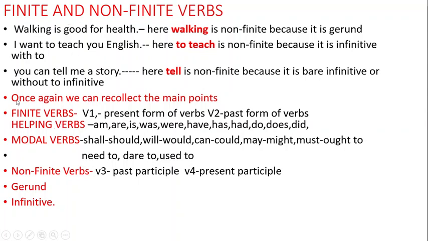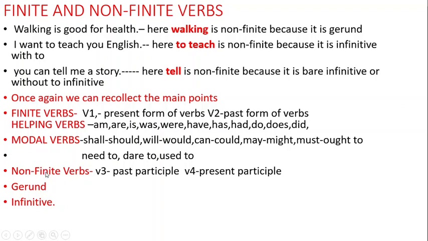Dear viewers, please once again remember all these points, so as to identify which verbs are finite and which verbs are non-finite. Please listen carefully once again. All present forms of verbs are finite, all past forms of verbs are finite, all helping verbs are finite, all modal verbs are finite.